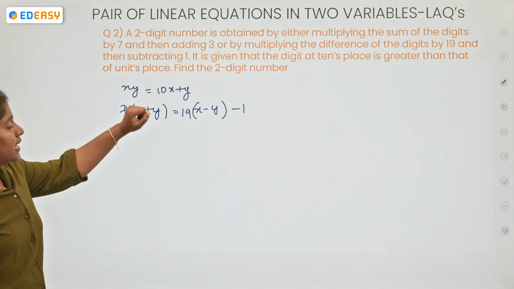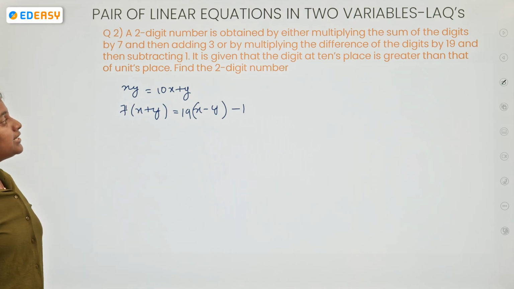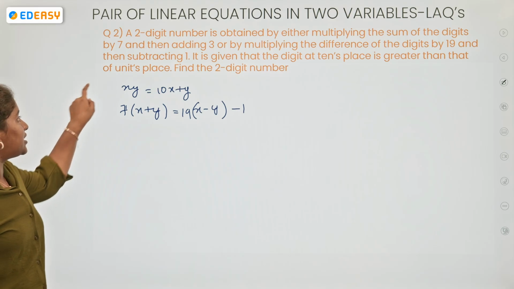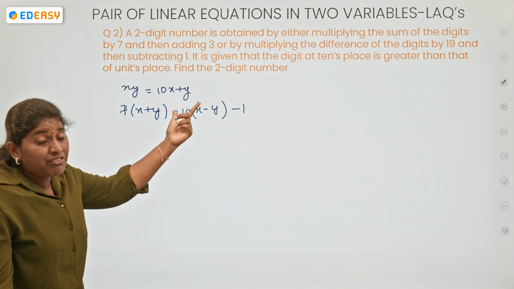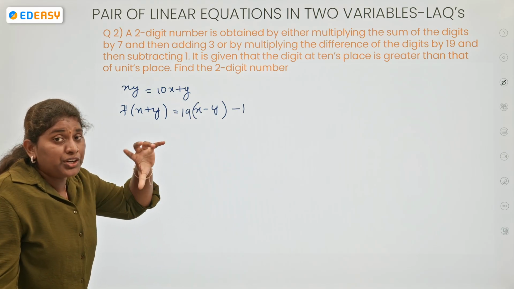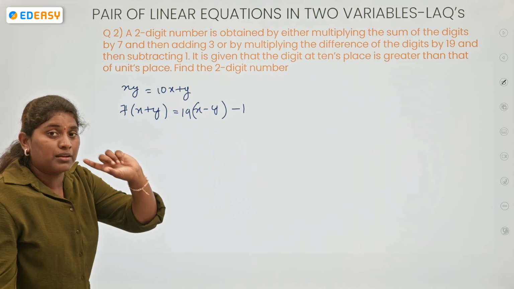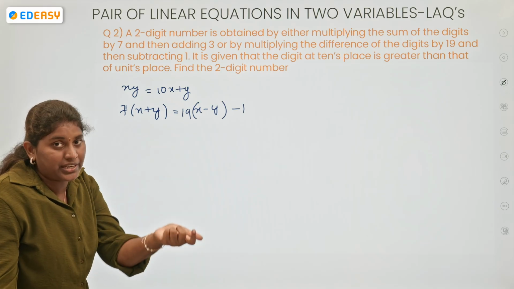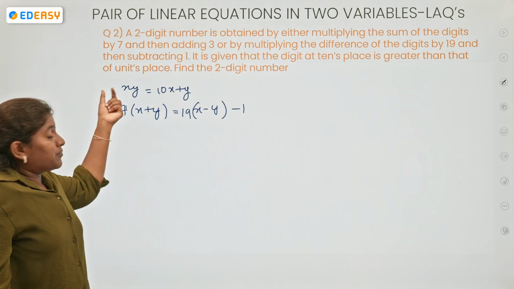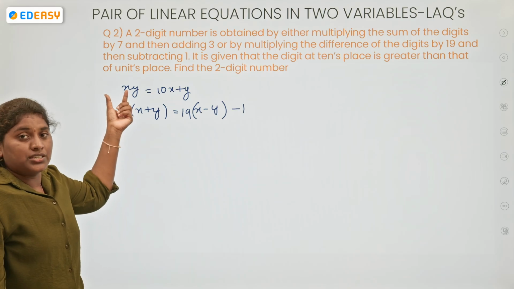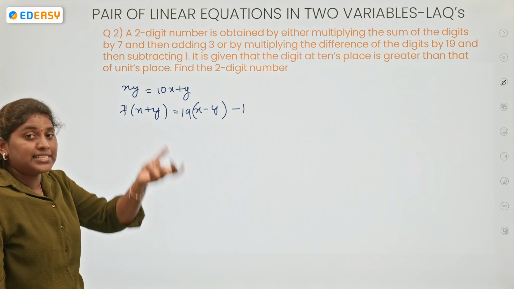Next, it is given that the digit at tens place is greater than the digit at units place. So whenever you are taking the difference, you need to be careful with which value you are taking. Here I am taking x and y, where x is the value in the tens digit.